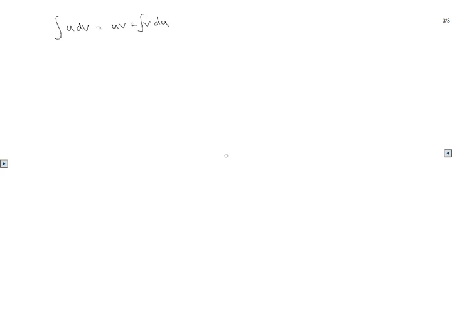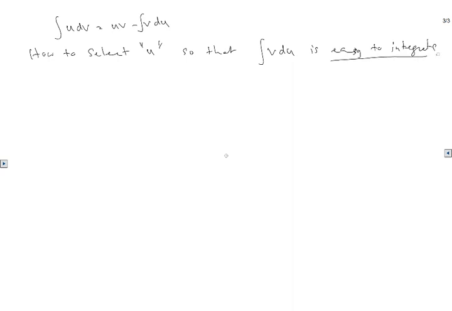The question is how to select u so that the integral of v du is easy to integrate. That's the idea. So there are some tricks.